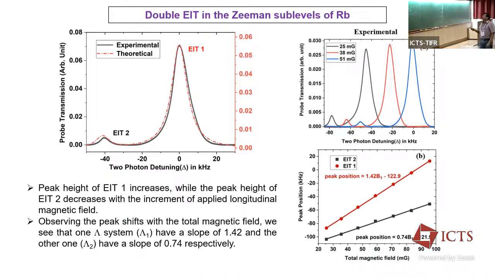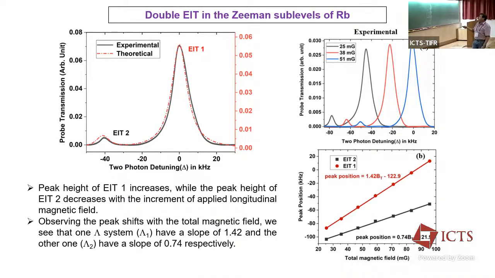So with the two-photon detuning, if we change the magnetic field, we immediately understood that the splitting is going further apart and the peak height of EIT1 increases while the peak height of EIT2 decreases with the increment of the applied longitudinal magnetic field.